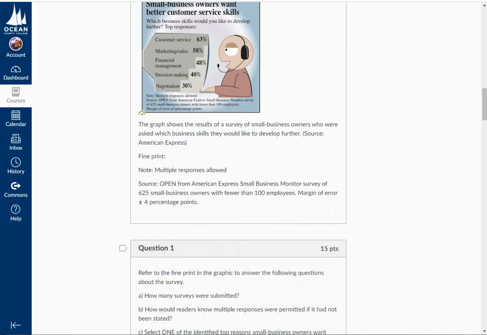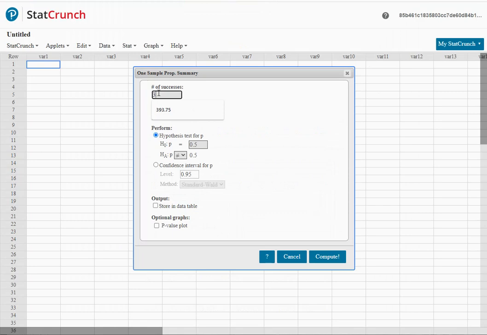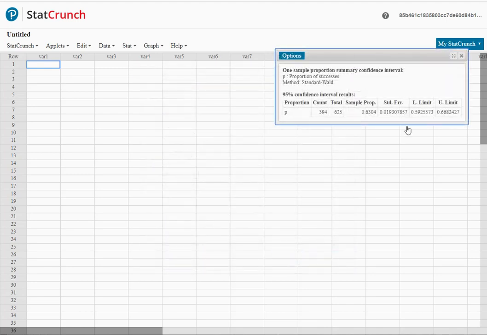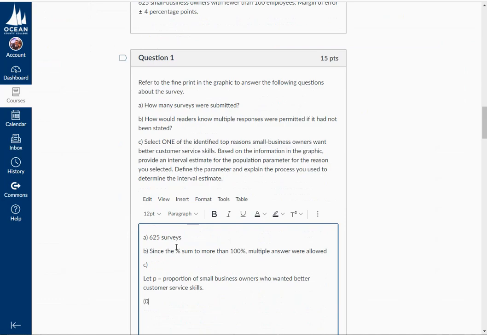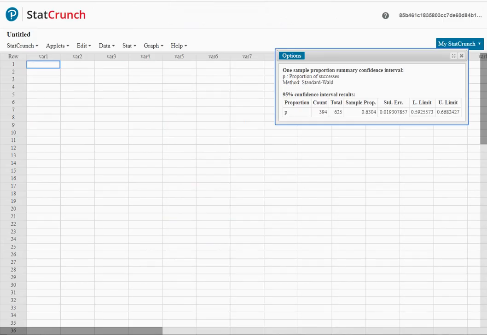I'm rounding it to a whole number here. So it's 394 out of the 625, and I want a confidence interval, and I'll just do 95 here. And I have it right here. The lower limit and upper limit are 0.59 to 0.67.